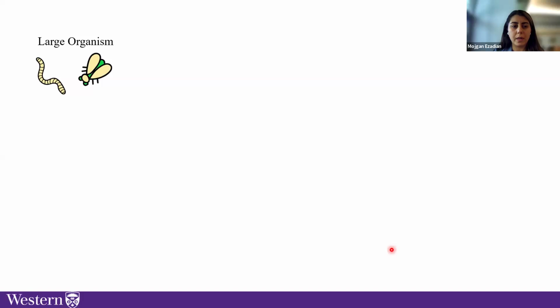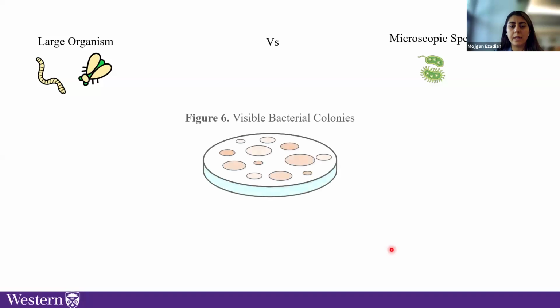In large organisms like birds and flies, it's not difficult to achieve a bottleneck of 1 or 2 individuals. However, in microscopic species like bacteria, it's not possible to do the bottleneck. So we need visible colonies, for which multiple generations are required between bottlenecks.